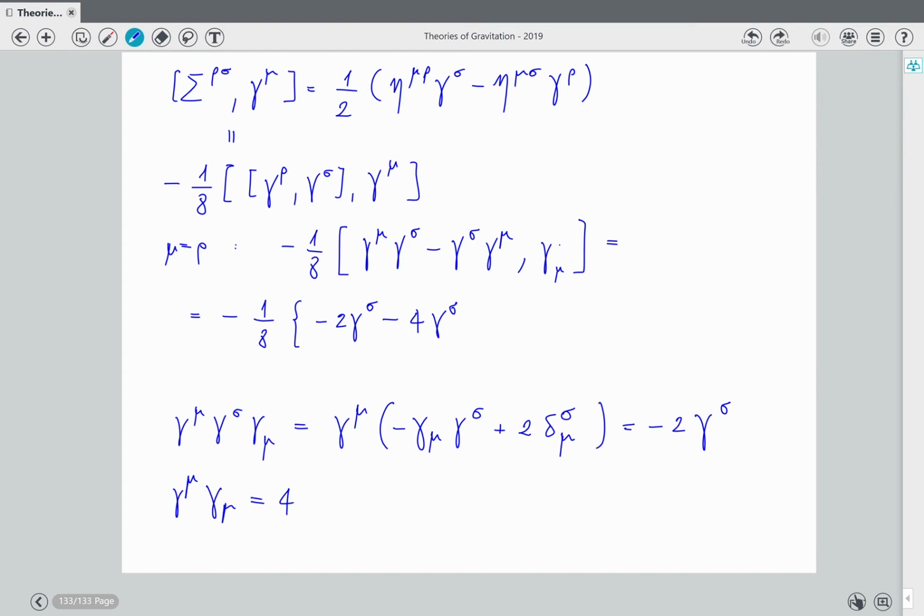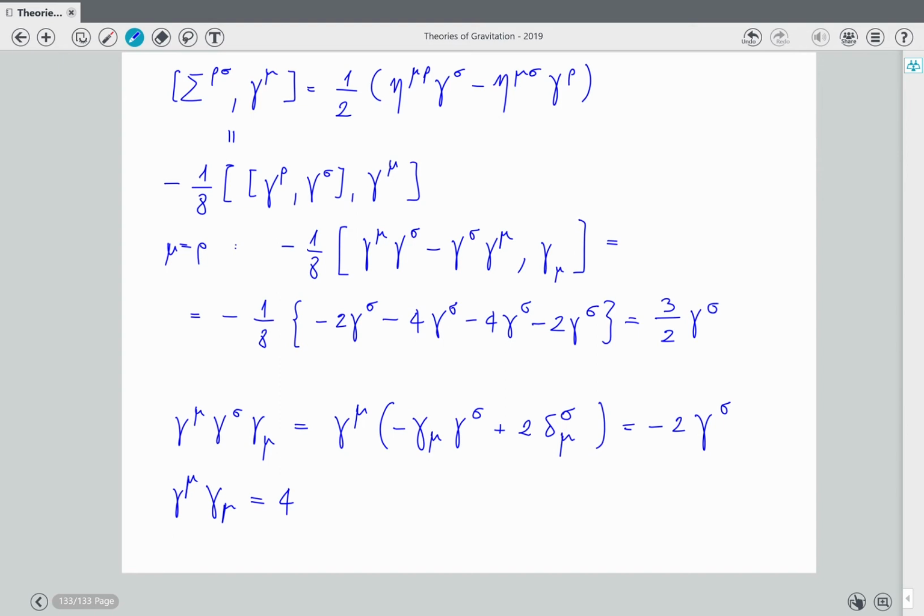And then you have another minus 4 gamma sigma, and then you have minus 2. So that is, yes, 3, that is 12 divided by 8, 3 divided by 2 gamma sigma.